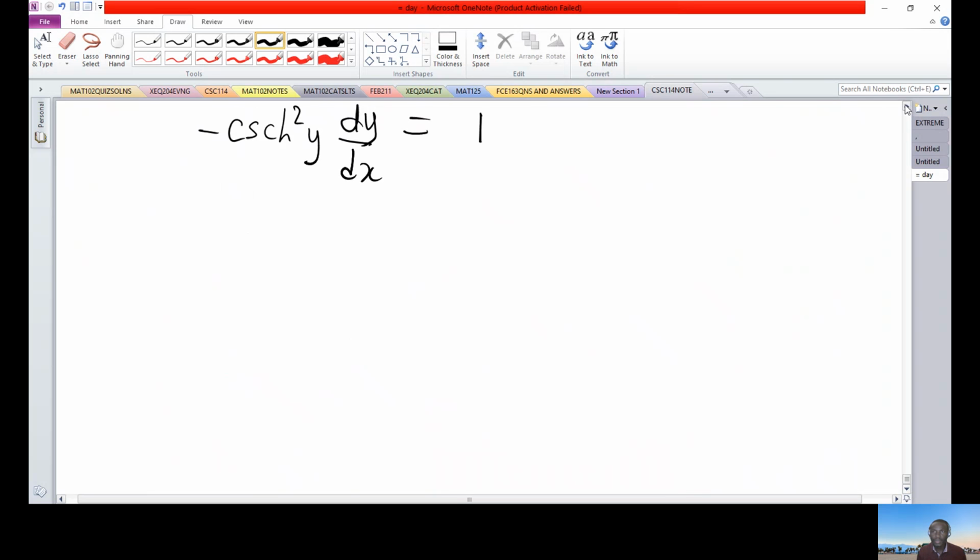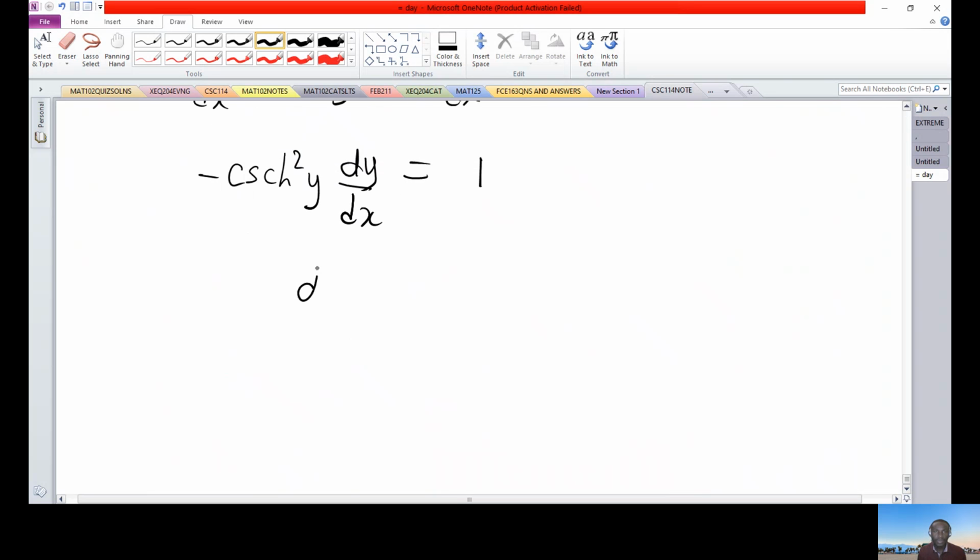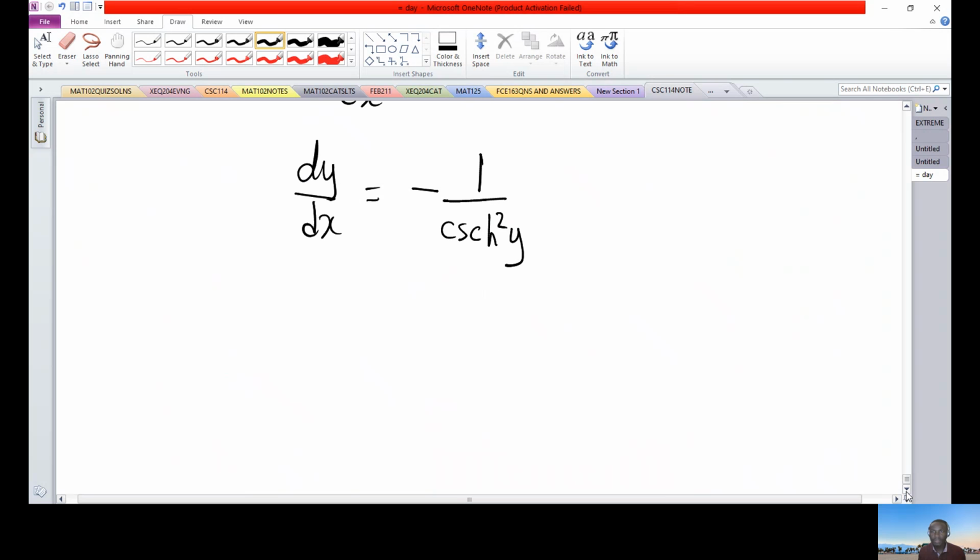And then this one will give us, so which means that dy/dx will be negative 1 over hyperbolic cosec squared of y. But you don't leave your answer at this point. You remember that the derivative must be in terms of x. So therefore, from this identity, recall hyperbolic cosine squared of y minus hyperbolic sine squared of y equals 1.